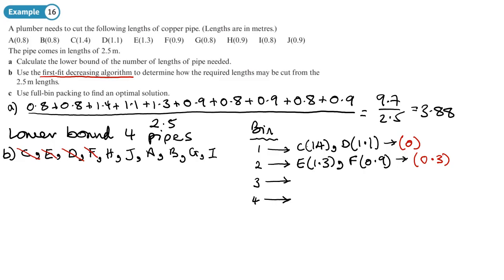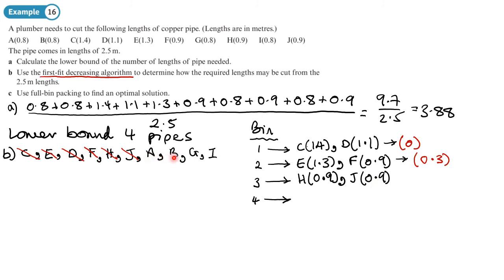So we now go on to H, and H is 0.9. The next one in our list is J, and J is 0.9, so that will fit. So that's now 1.8 meters used, so we'll just cross that off. Now will A fit? A is 0.8.